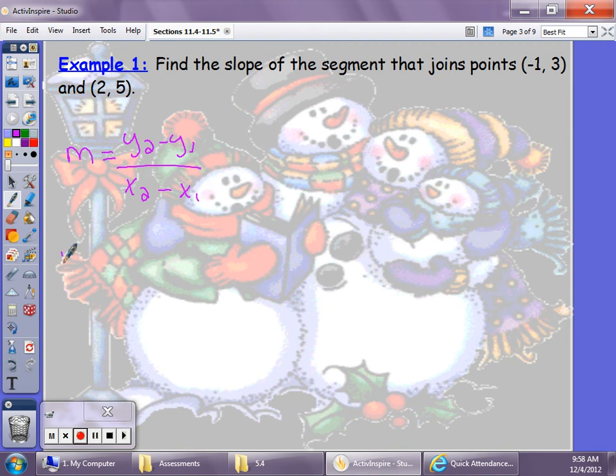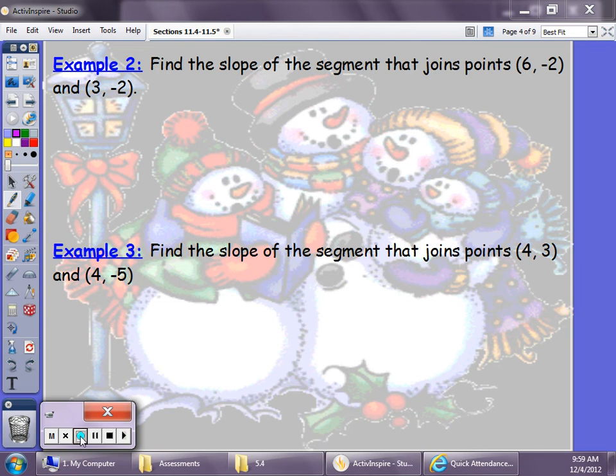So if we fill in our information given our ordered pairs, we can take 5 minus 3 over 2 minus a -1, and we can simplify to find our slope. So 5 minus 3 is 2. Leave change, so 2 plus 1 is 3. So the slope of the line that contains these 2 ordered pairs is 2/3.